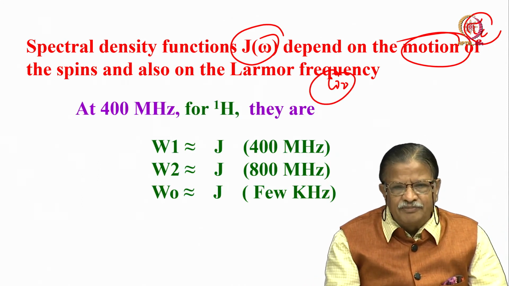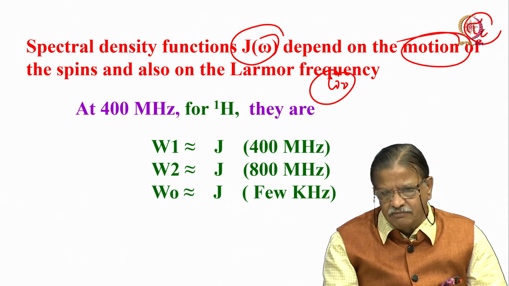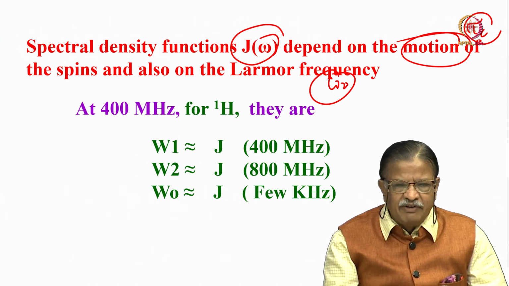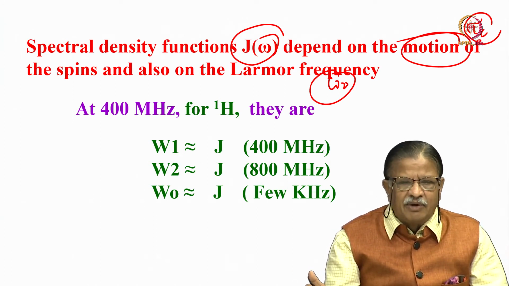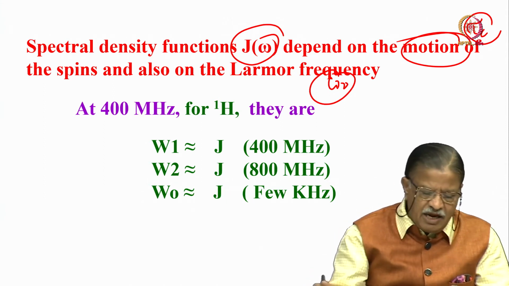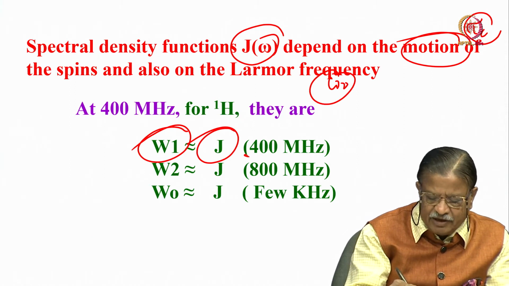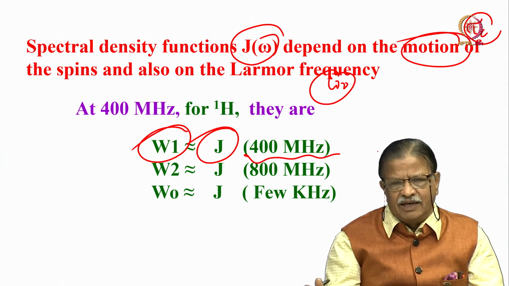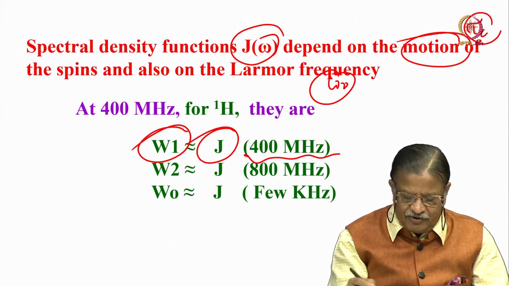Okay. So, let us consider we are recording the spectrum at 400 megahertz, which is the resonating frequency for protons. Then what are W1, W2 and W0? For W1, the spectral density function is approximately at 400 megahertz, which is nothing but the Larmor frequency omega 0.